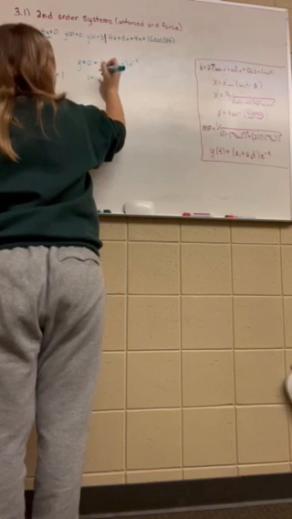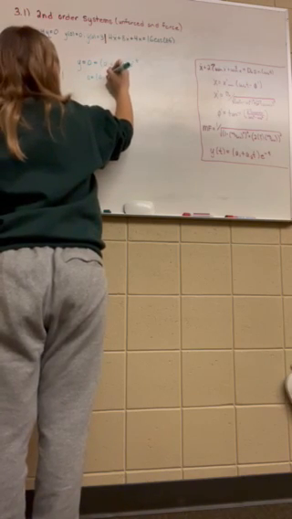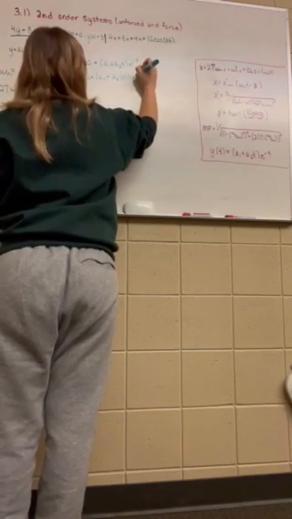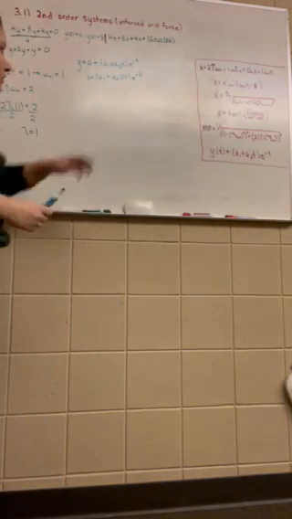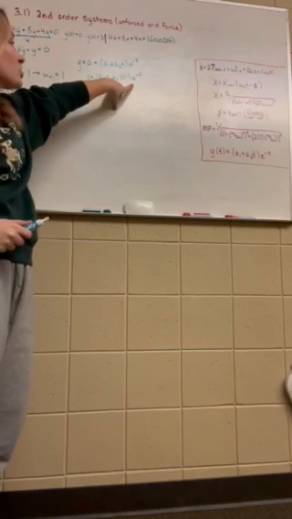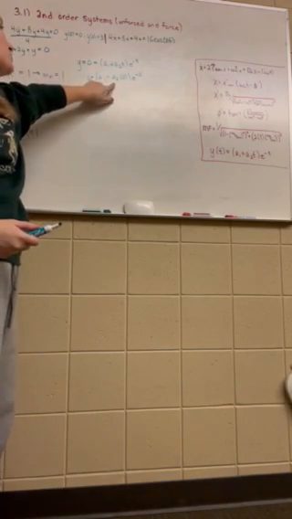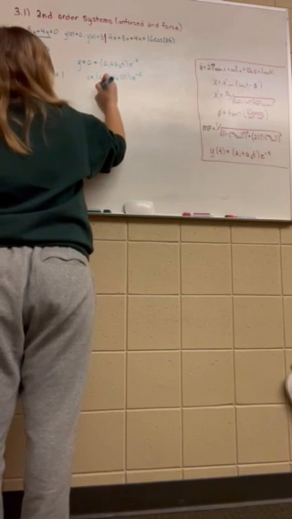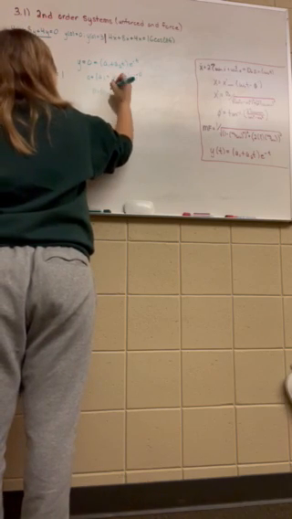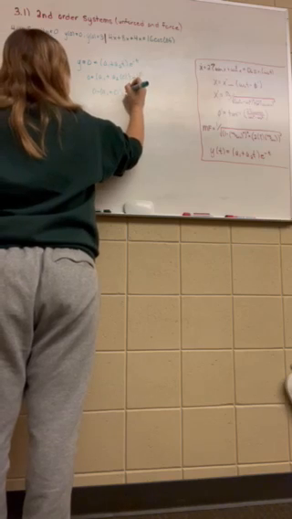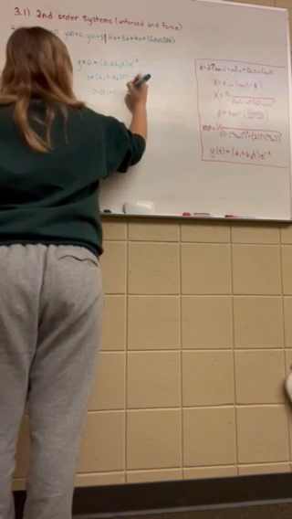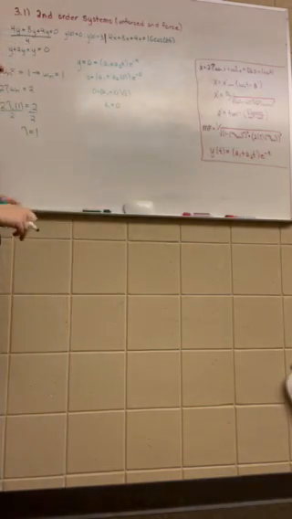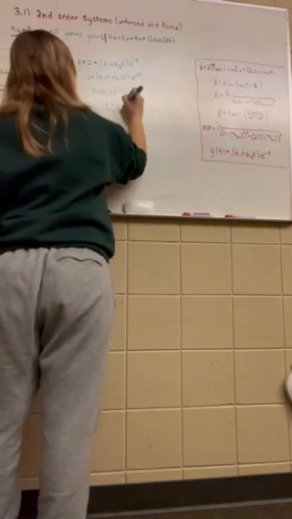So 0 equals a1 plus a2 times 0 times e to the negative 0. Now e to the 0 is going to equal 1, and then a2 times 0 is just going to equal 0. So 0 times 1, which leaves us with a1 equaling 0. So there is our first variable.